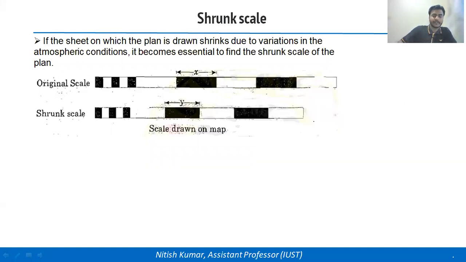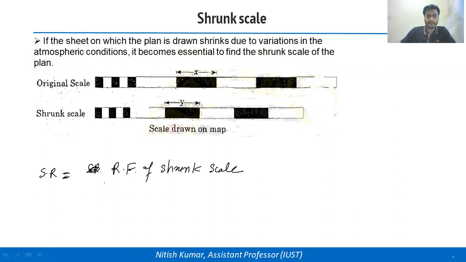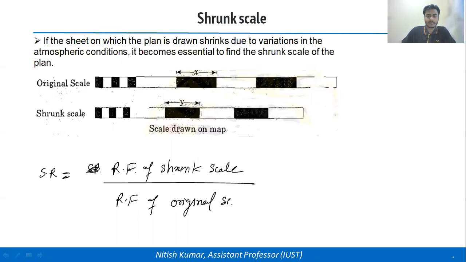Also we can define HR, when we write a scale in the ratio, as RF, representative fraction of shrunk scale divided by RF of original scale. Okay, so now we are very clear about the shrunk scale.